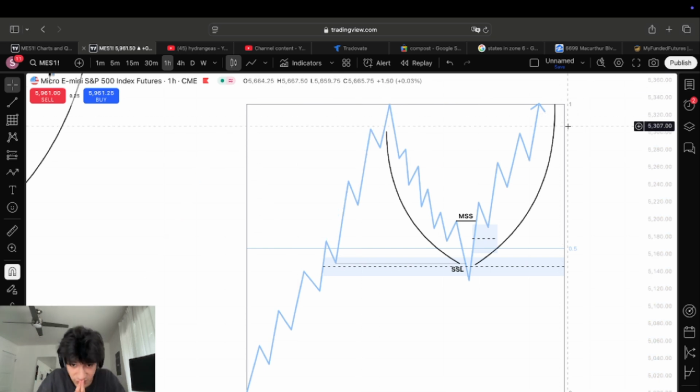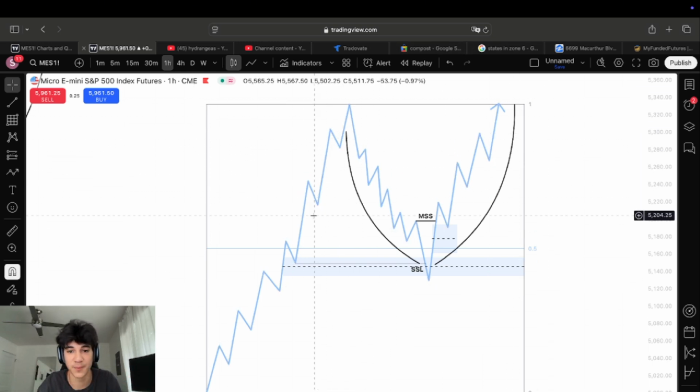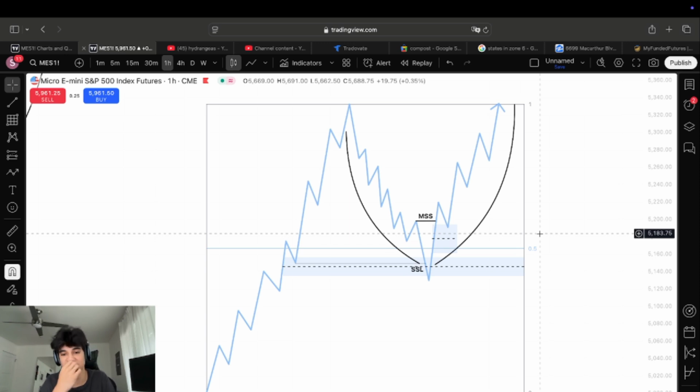So basically, three things that price does is it searches out equilibrium, searches out imbalances, and it searches out liquidity. And if we know that, then we can pretty much pair that up with the buy side and sell side of the curve to basically find when price is going to reverse.